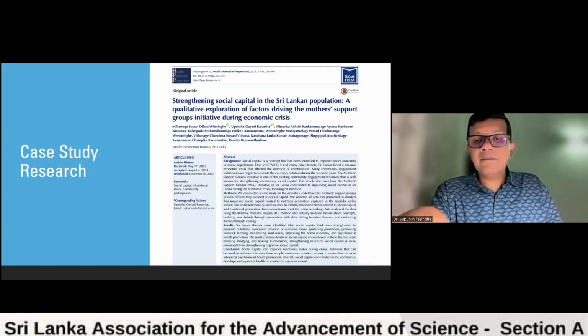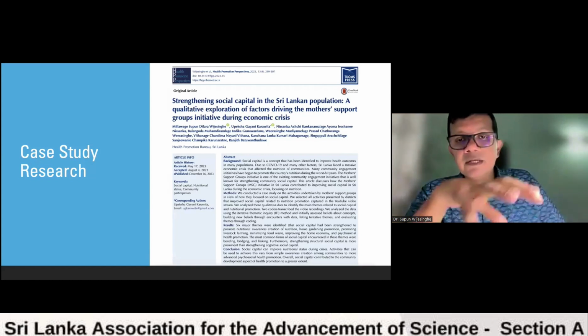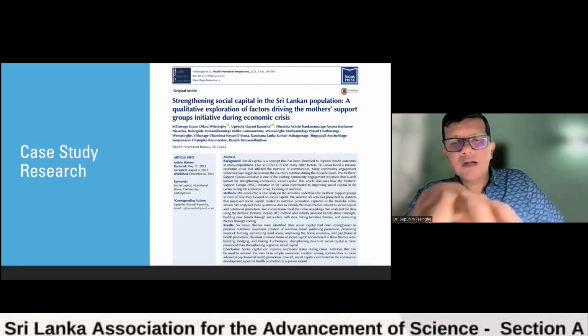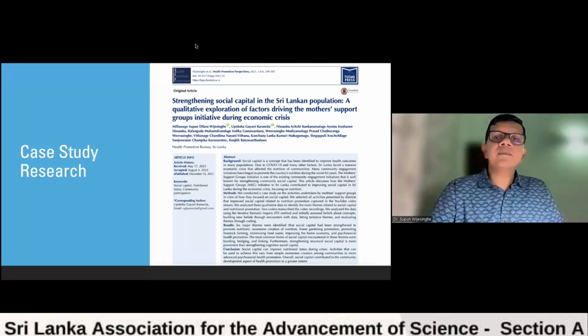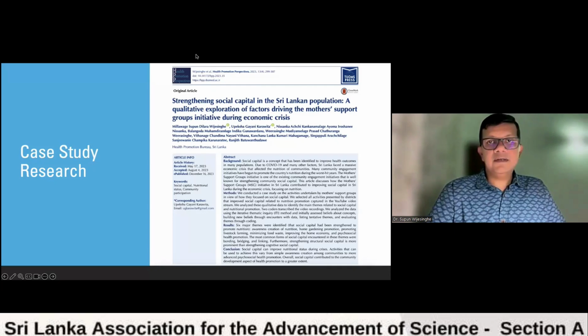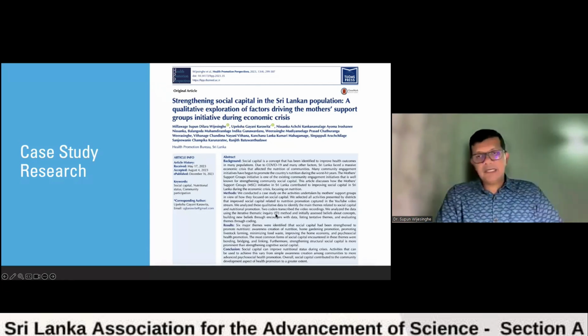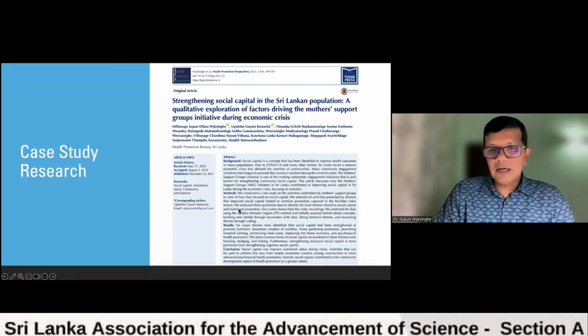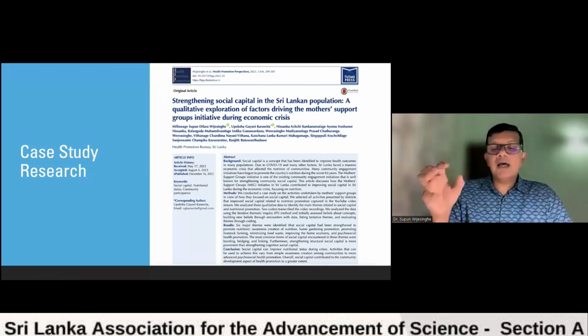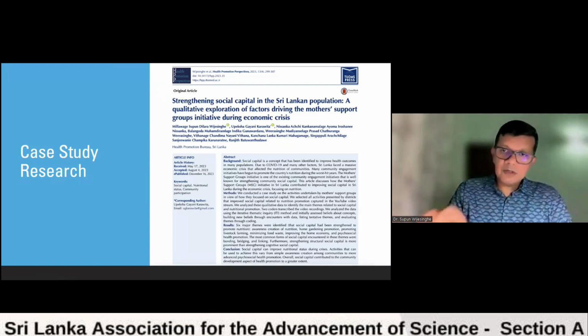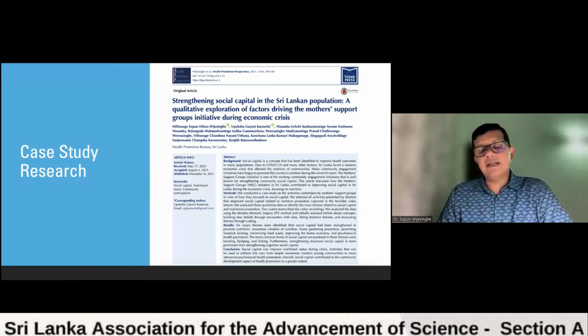This is something we have actually published, I think, a year ago. This is strengthening social capital: how nutrition was improved through community engagement in the mother support groups or communities. This is a case study we have done, how communities faced nutrition challenges and improved the nutrition of their children through the concept called social capital in our community.